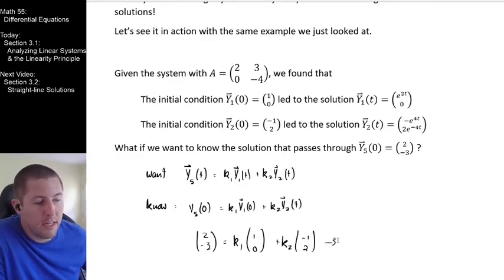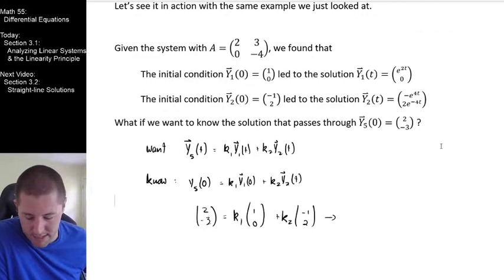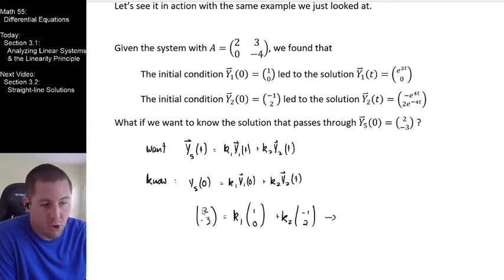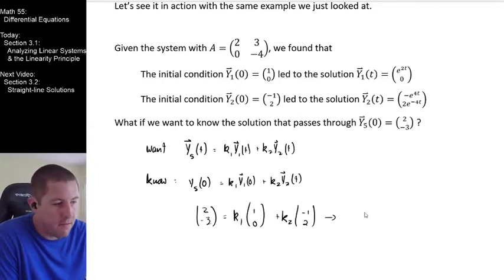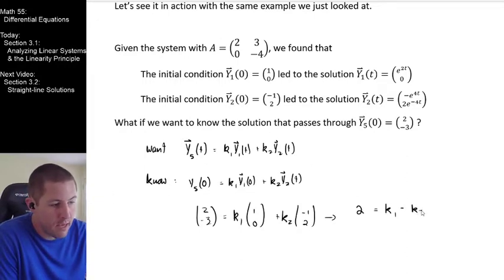And so this is really leading me to this system of equations. I've just written this in vector form, but it doesn't need to be in vector form right here. I'm really writing this as an equation: 2 is equal to 1 copy of K1 plus negative 1 copies of K2, so I'll say minus K2.